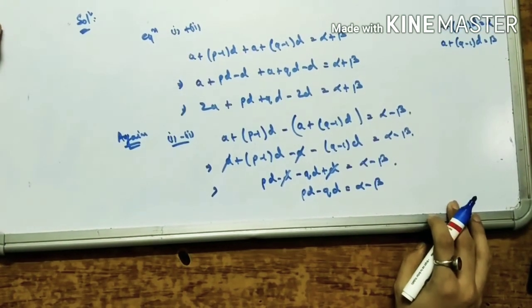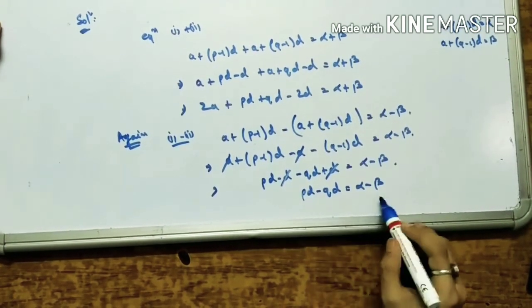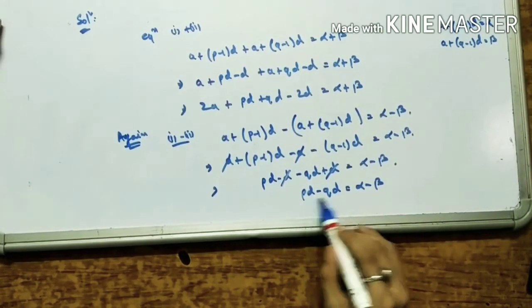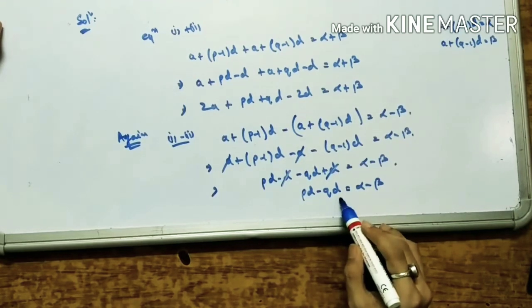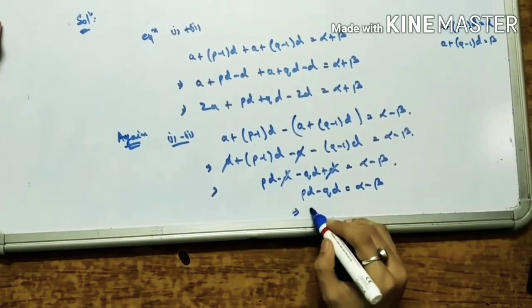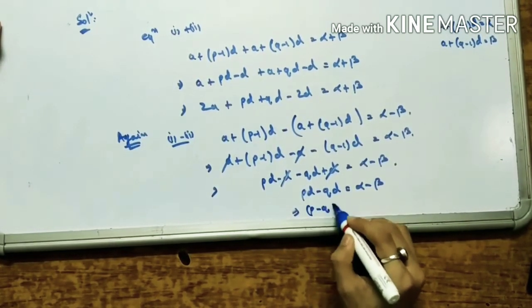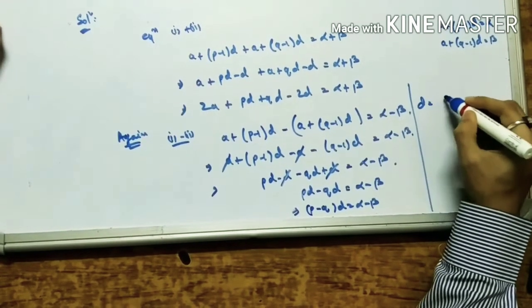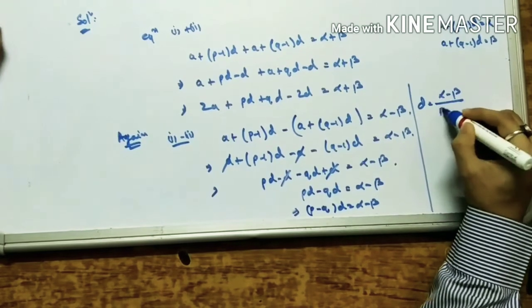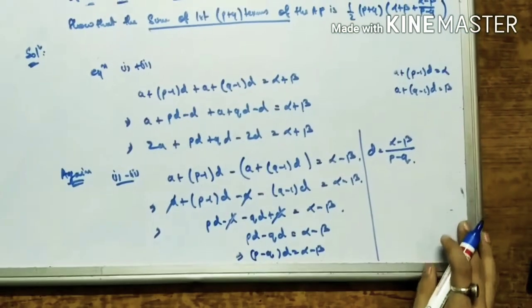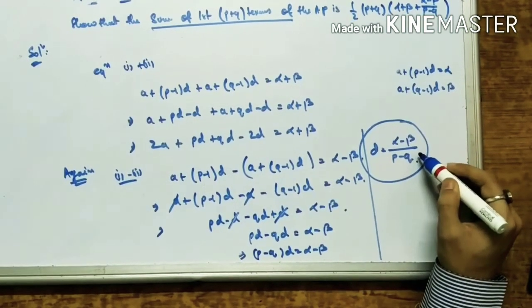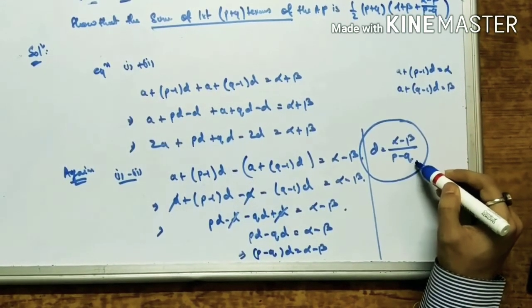From here, I will take d common. I will get (p minus q)d is equal to alpha minus beta. So d is equal to alpha minus beta by p minus q. This is the d value I got.